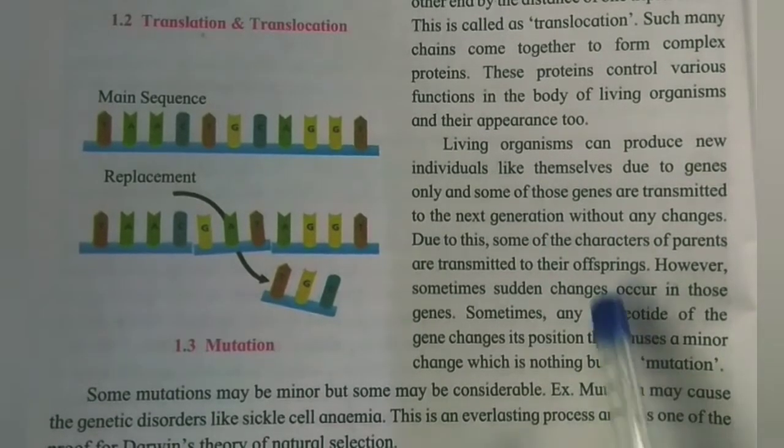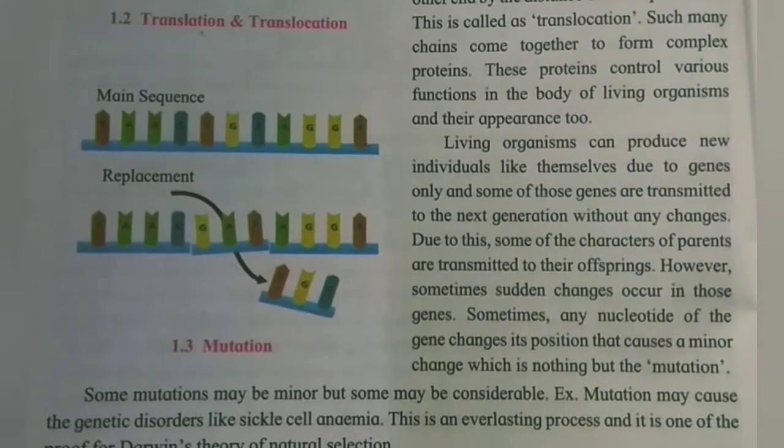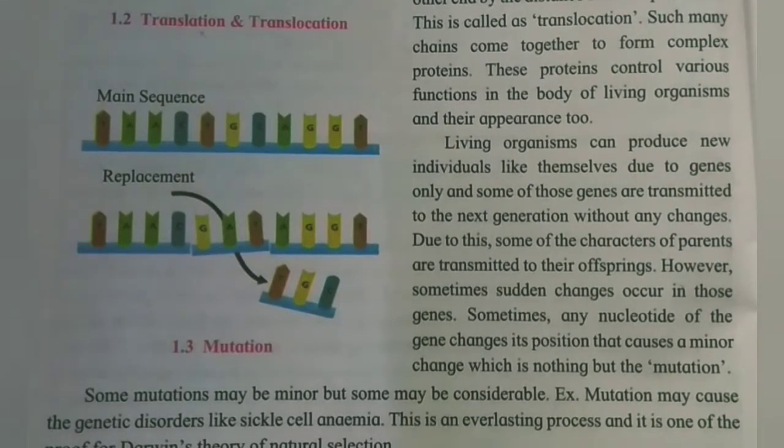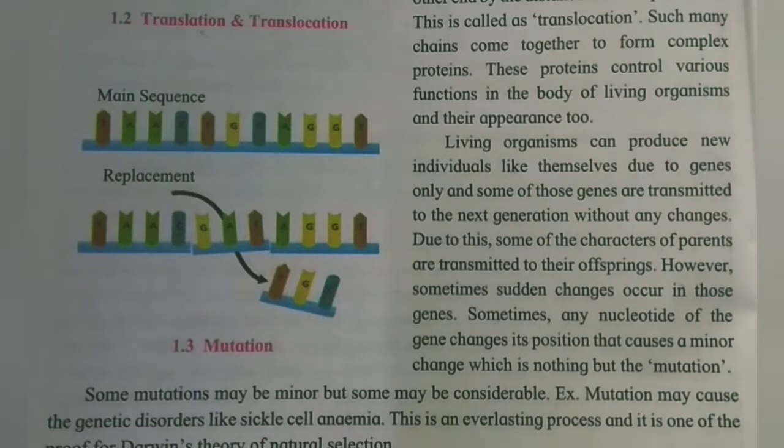Some genes, however we look, depend on our parents. These genes are transmitted from one living organism to the other, and some of the characters of parents are transmitted with these genes.